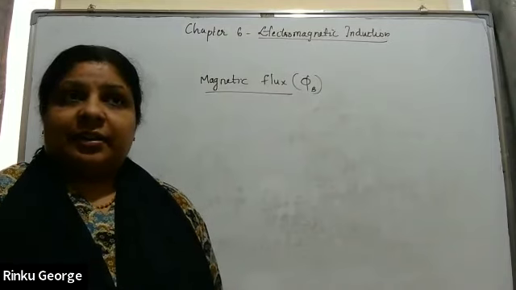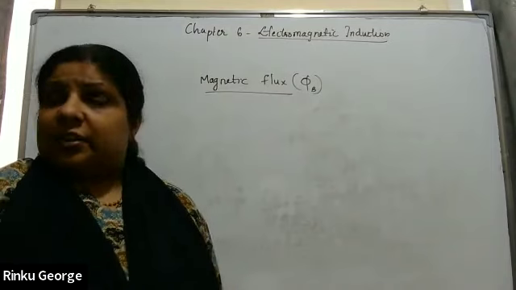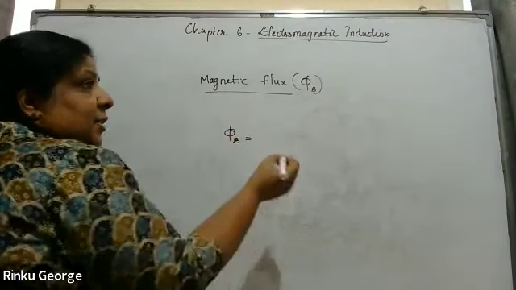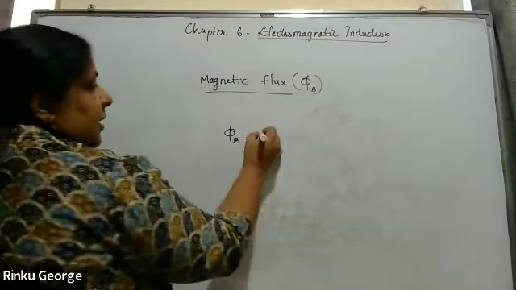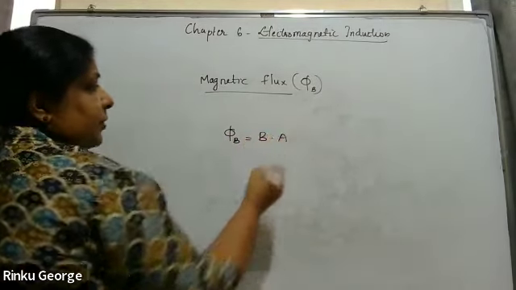E dot A. Okay, EA cos theta. Similarly, the magnetic flux formula will be, instead of electric field here, magnetic field. Magnetic field is B dot A. Same.